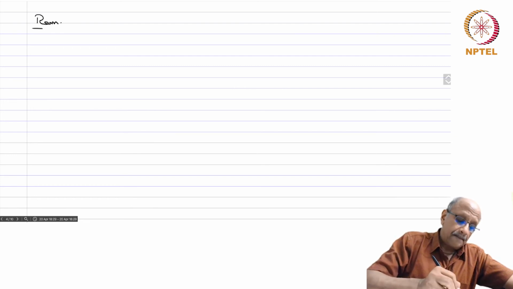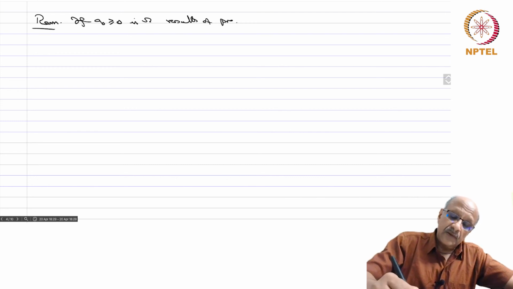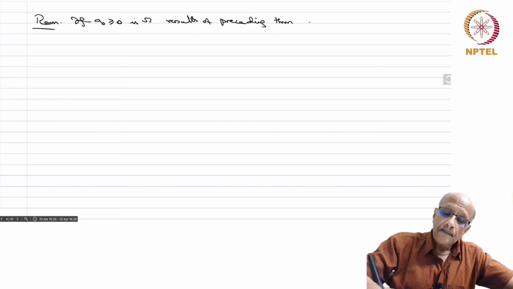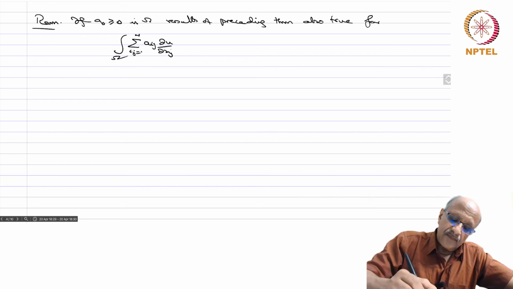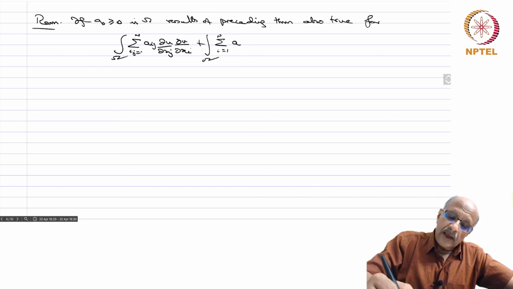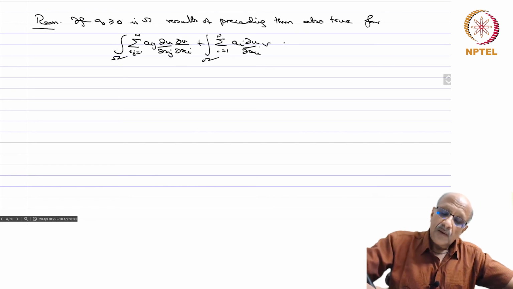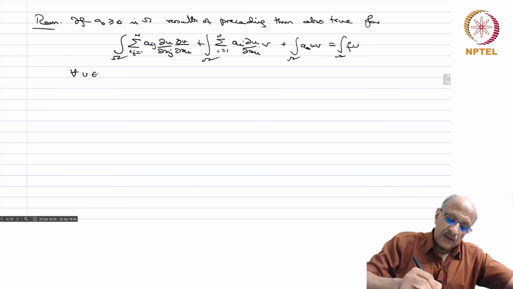Another remark, if a naught is greater or equal to 0 in omega, the results of the preceding theorem are also true for the integral over omega of the sum for i, j equals 1 to n of aij du by dxj dv by dxi, plus the sum for i equals 1 to n of ai du by dxi v, plus the integral over omega of a naught uv, equals the integral over omega of fv for every v in H10 of omega.